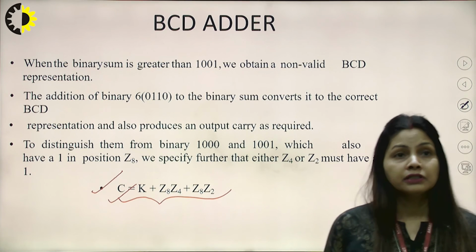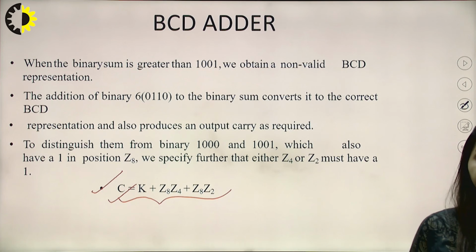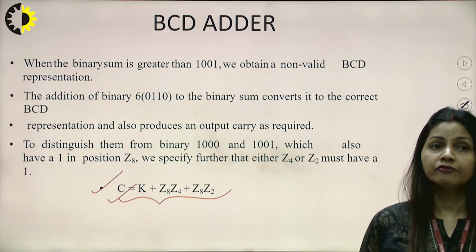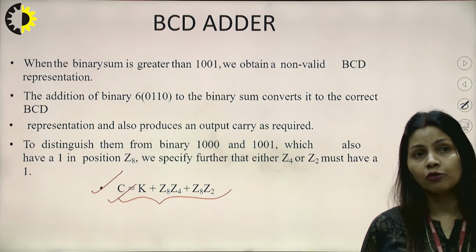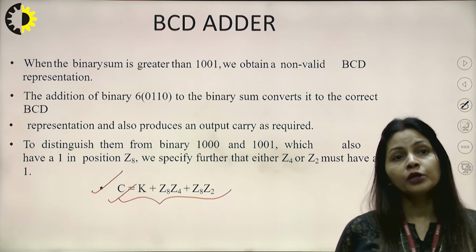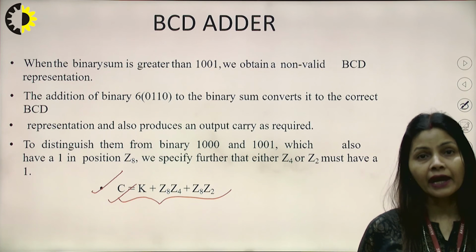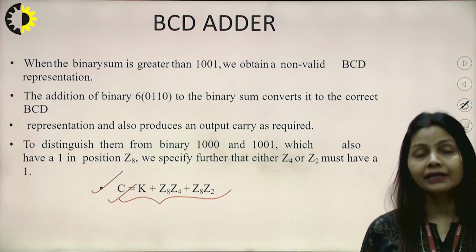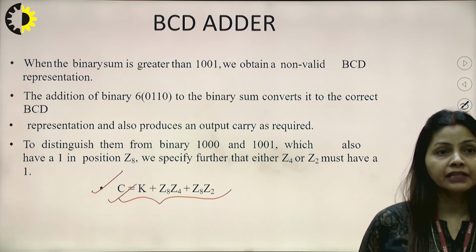So, the addition of binary 6 to the binary sum converts it to the correct BCD code. The output carry is also required to be represented, and we can apply the K-map for getting the carry.